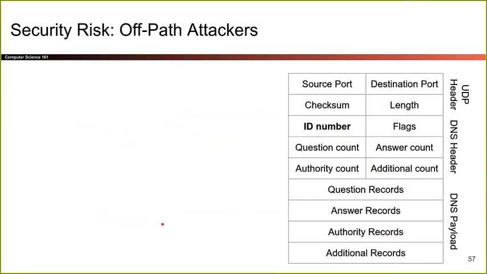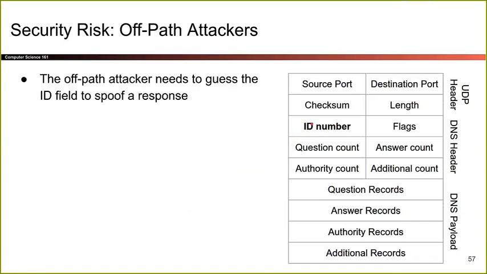What about off-path? Now it gets a little bit harder. And again, the idea is just like TCP. In TCP, we had to guess the sequence numbers as an off-path attacker. In DNS, you have to guess the ID number, because you don't know the ID number if you can't read packets.